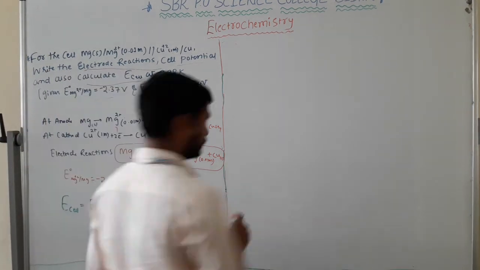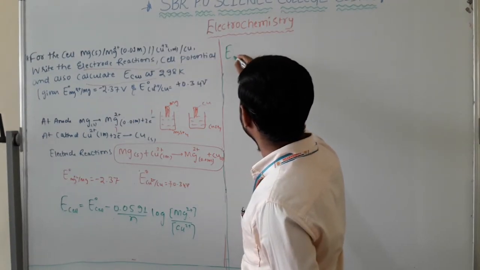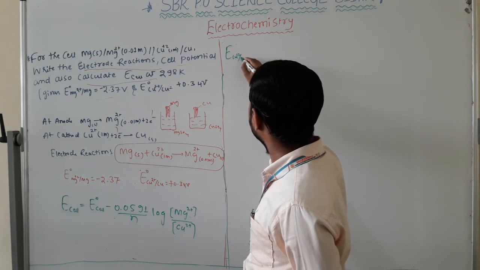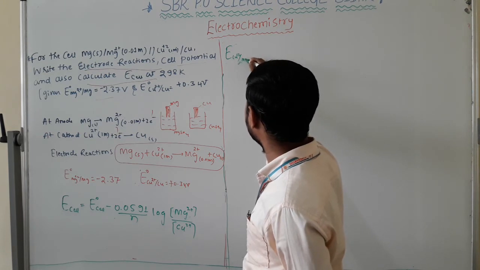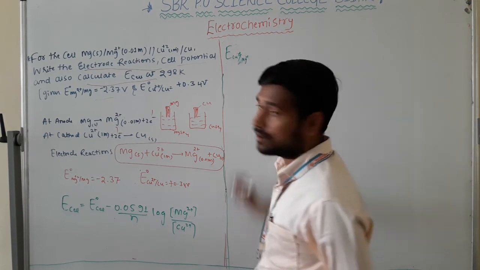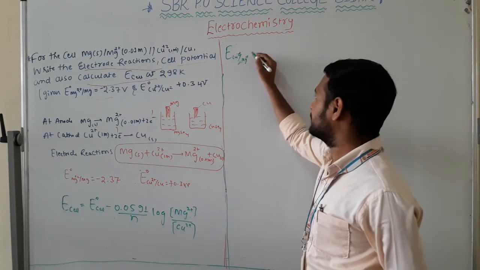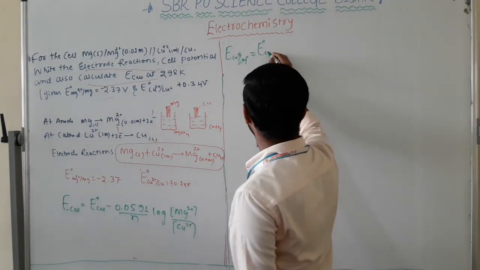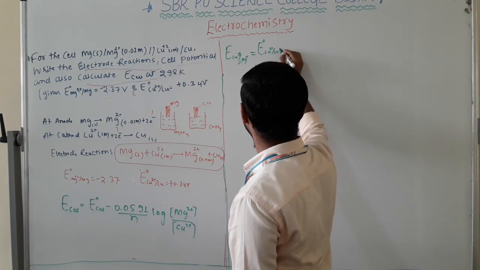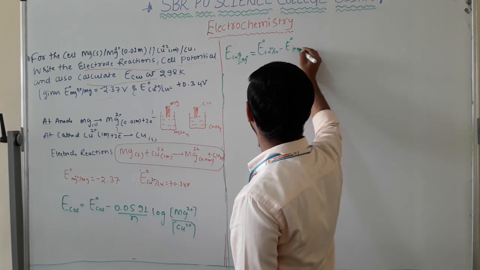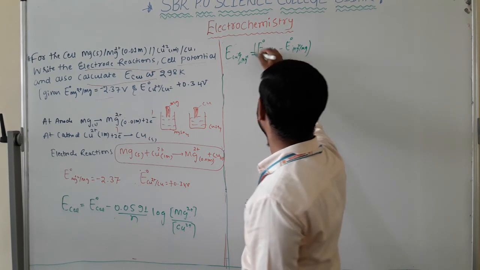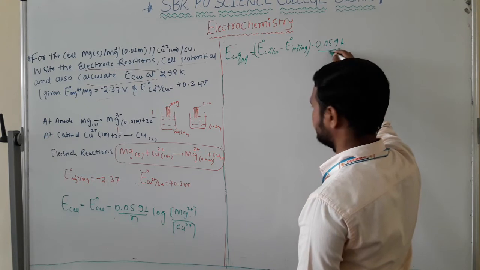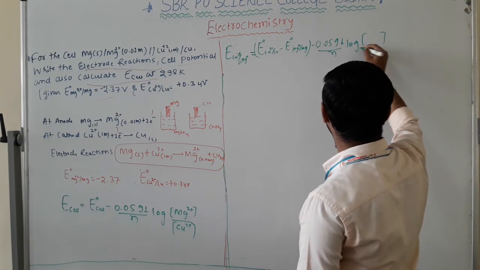We have derived this many times for the galvanic cell, hence we are writing it. E cell equals E naught of Cu2+/Cu minus E naught of Mg2+/Mg, minus 0.0591 divided by n, log of the given concentrations.